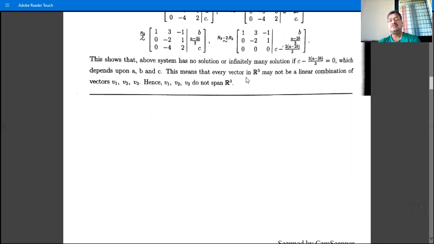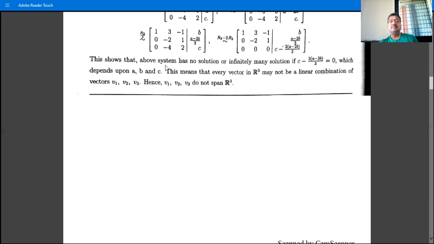This means that every vector in R3 may not be a linear combination of V1, V2, V3. Some vectors of R3 may be expressed as a linear combination of V1, V2, V3, for which this quantity is 0, for those values of ABC.